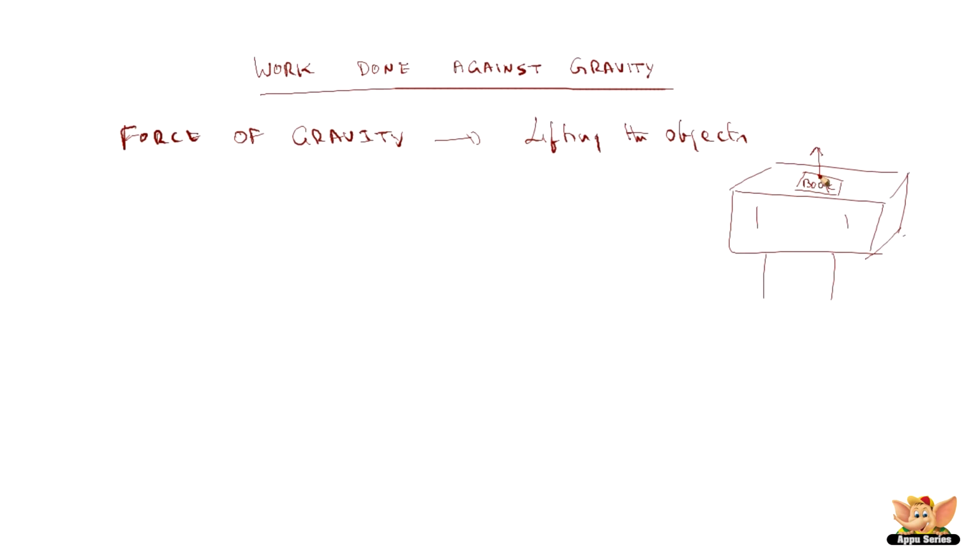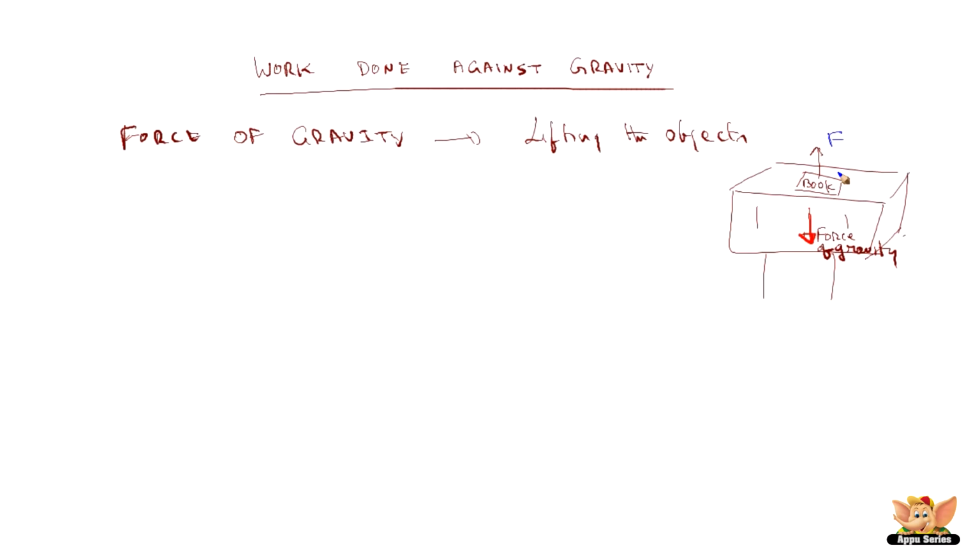When it is lifted vertically upwards, what happens? We are doing the work against the force of gravity because the earth is trying to pull the book down. This is the force of gravity, acting on the book, attracting it towards the earth, whereas we are lifting the book with some force.